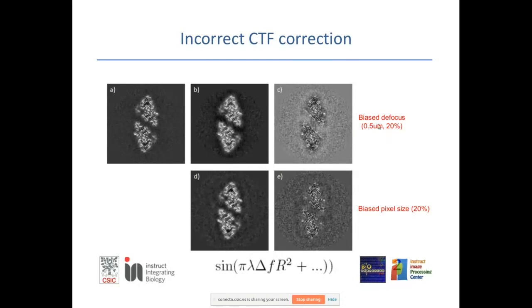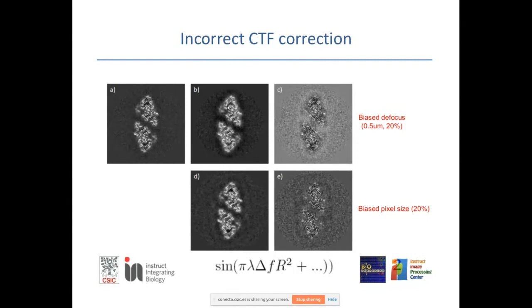That is more or less half a micron in this data set. And then there is a dark halo around. I don't know if you can see well on the screen, but there is a dark halo. And we all live with this dark halo. It is very easy: when you go to Chimera, you put your threshold. Actually, dark means negative values, so as our thresholds are positive, they don't disturb.